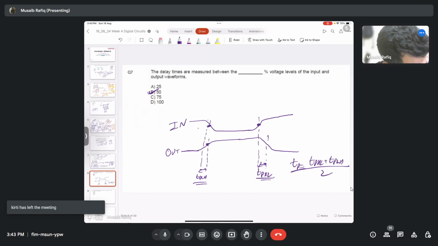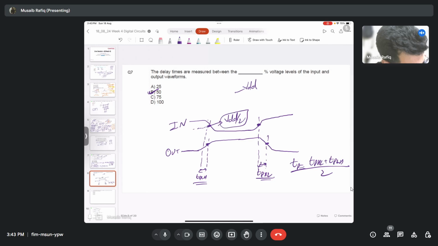These points correspond to the 50% level. So if my output was at VDD, this will be VDD by 2. When the input is at the 50% level and the output reaches 50% of its final value, that is VDD by 2, the delay between them is measured. So this is TPLH, TPHL, and the total propagation delay is given as the average of the two.